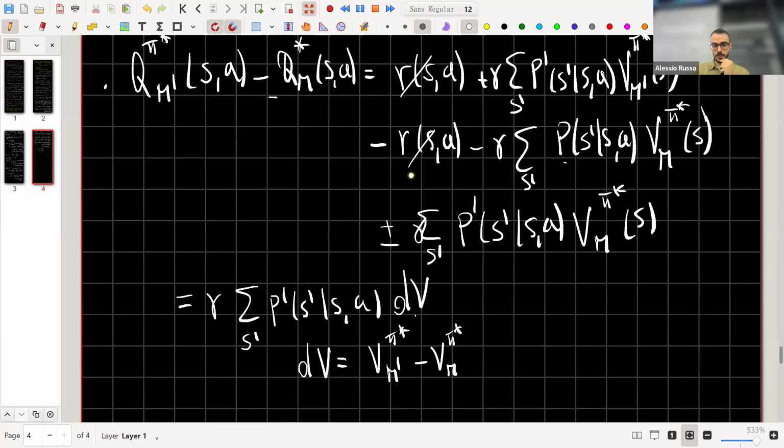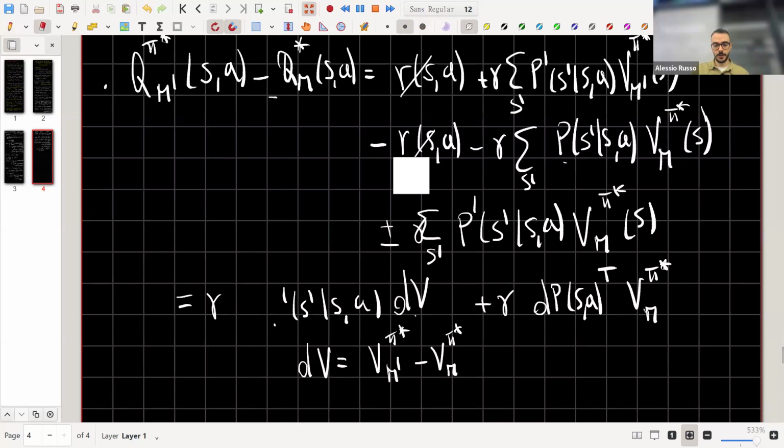And the other term will be plus gamma, and I'm gonna write it as dP S A transpose times the value V M of pi star. So here I'm trying to use vector notation. This dV is the difference between these two value vectors.